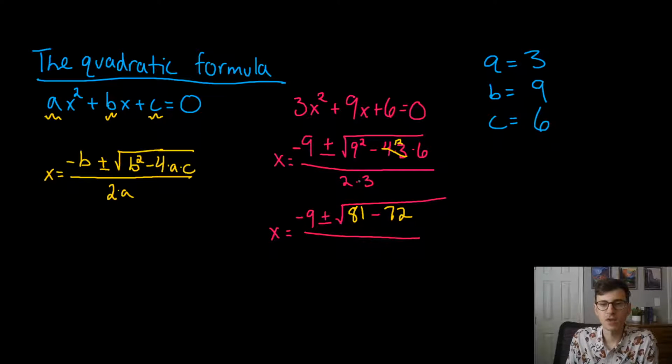And then that is divided by 2 times 3, which is 6. Okay, x equals negative 9 plus or minus the square root of 81 minus 72, which is 9, divided by 6.